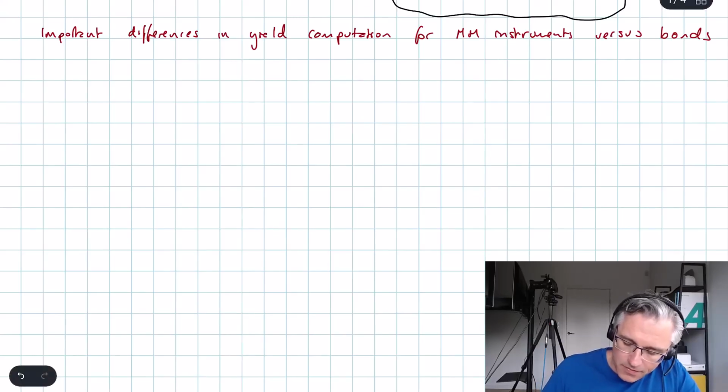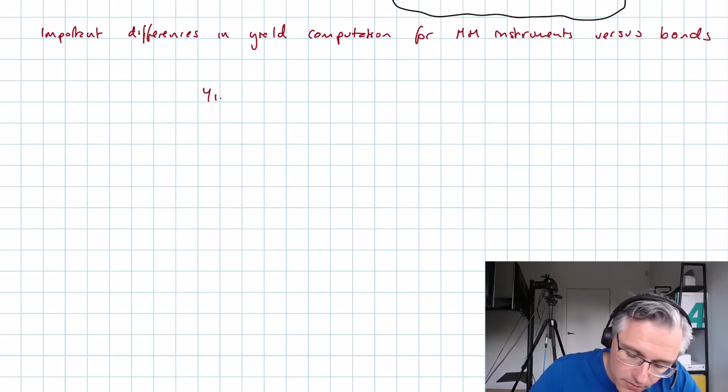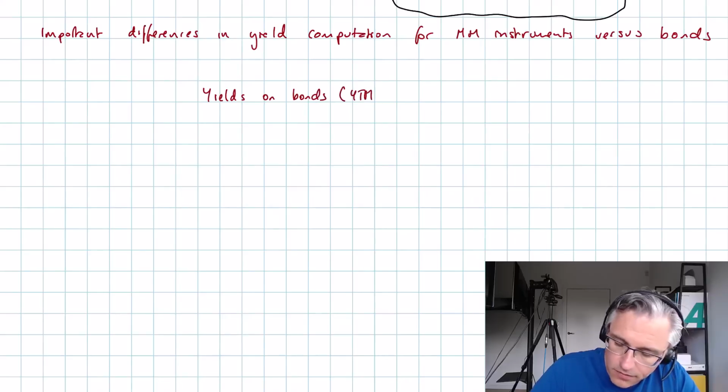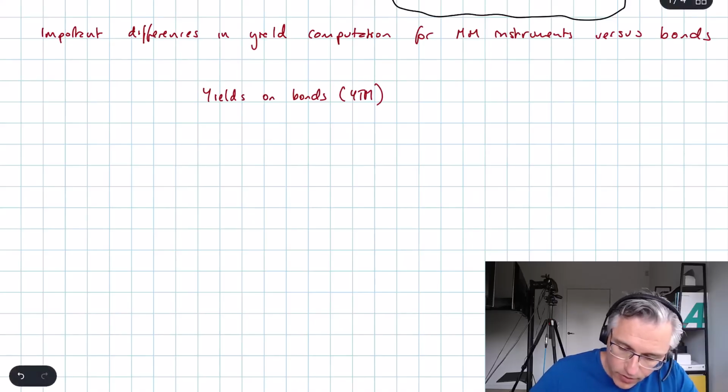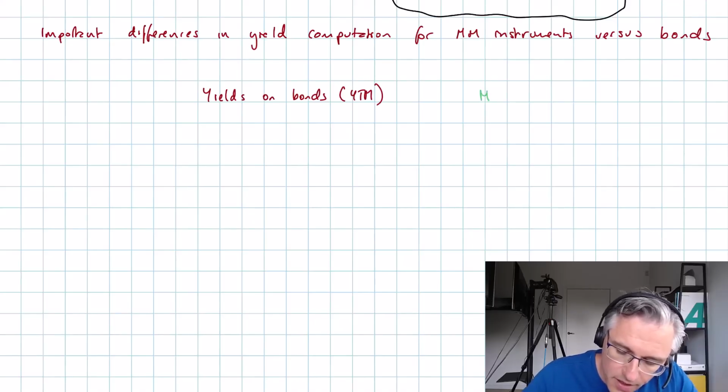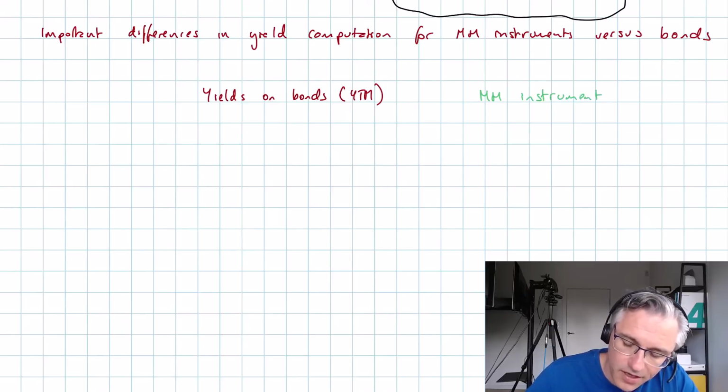But let me say over here, yields on bonds, so that's going to be our classic YTM measurement, and on the right hand side money market instrument yields or rate computations, right?